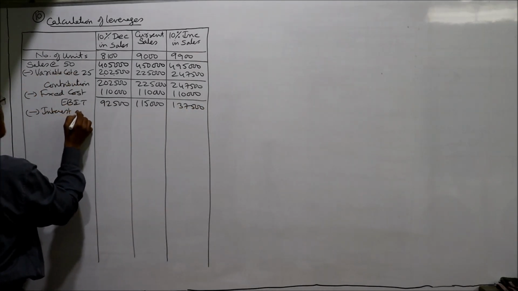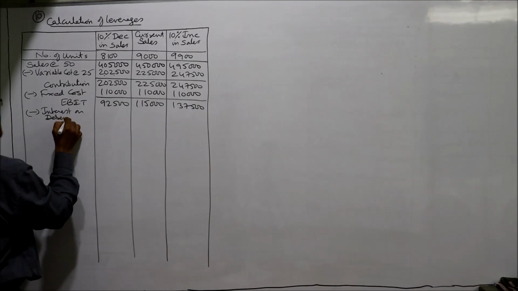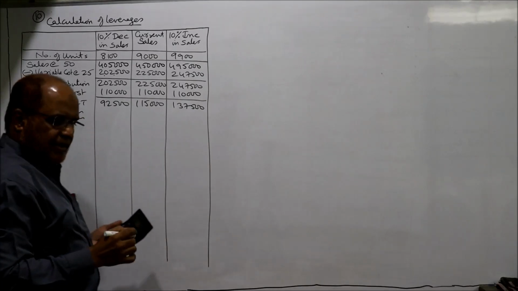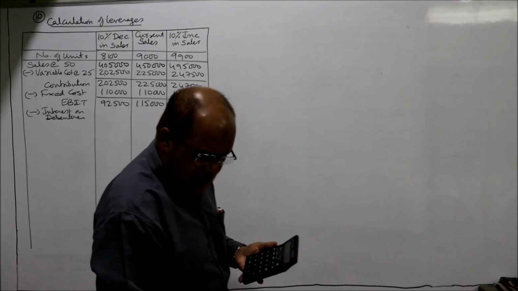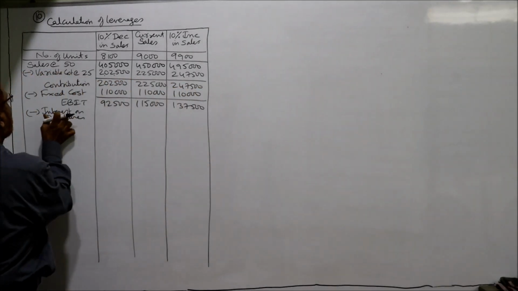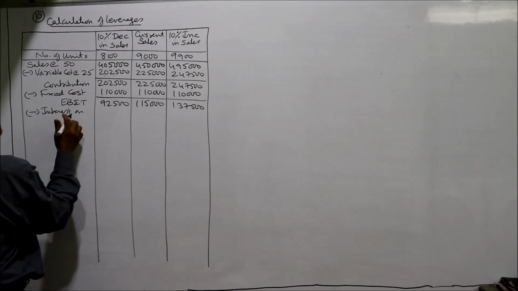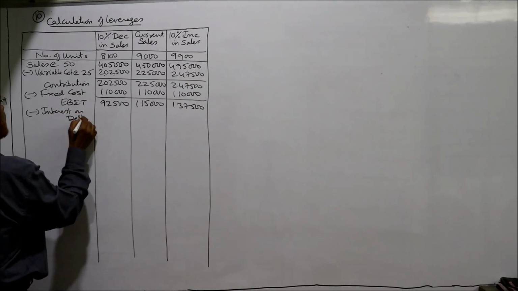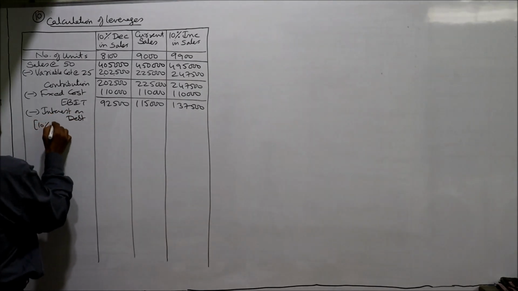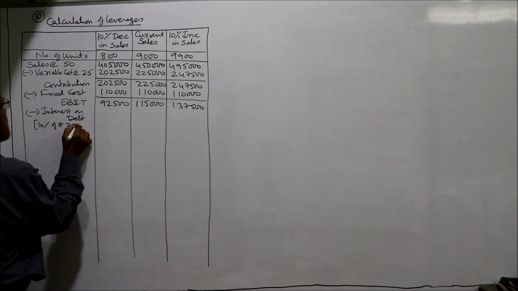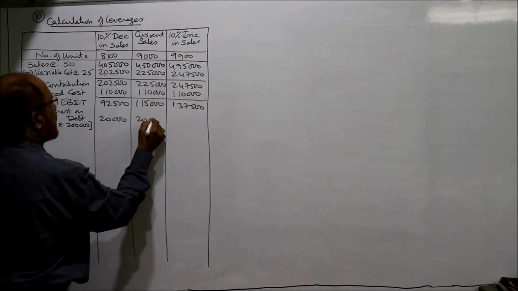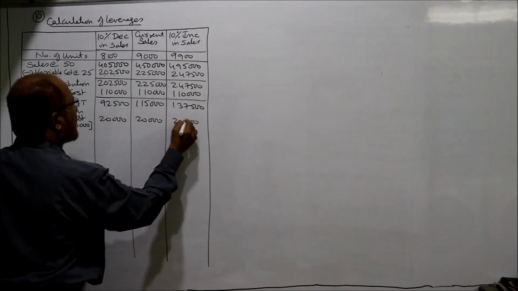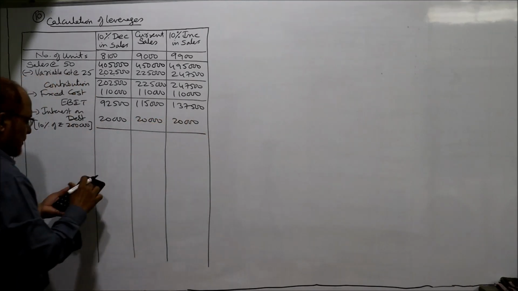Less interest on debentures. So debt 10% of rupees 2 lakh. Interest on debt, 10% of rupees 2 lakhs, it is 20,000. Subtract.